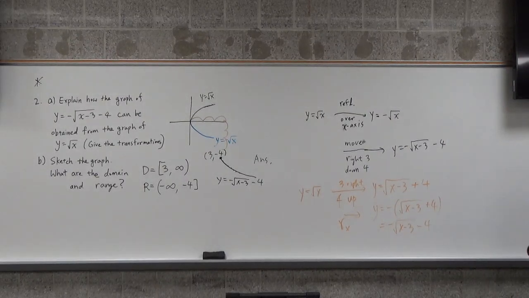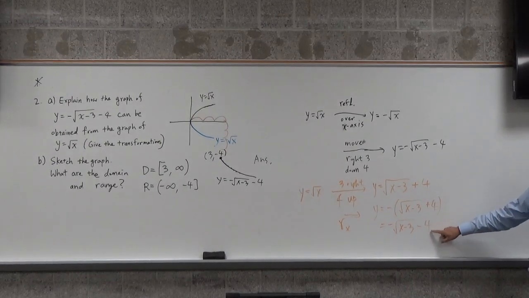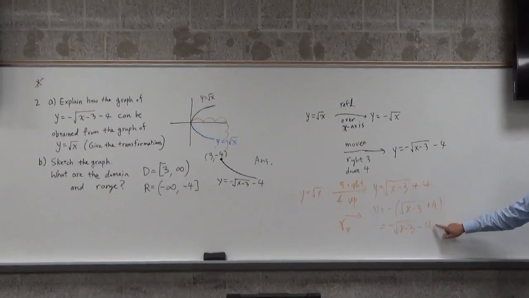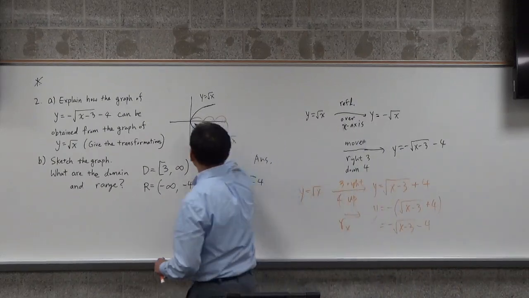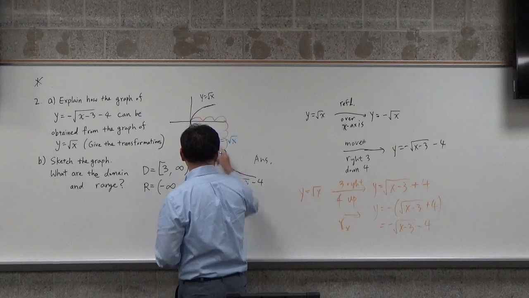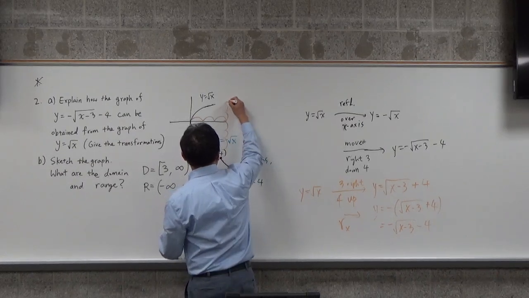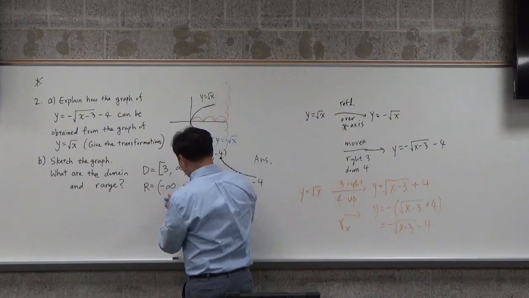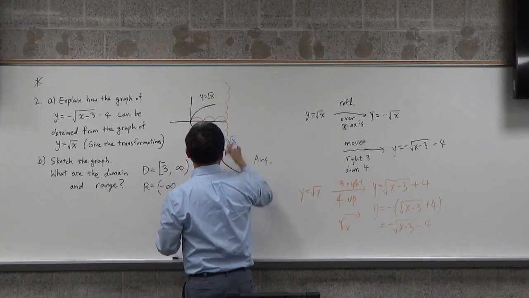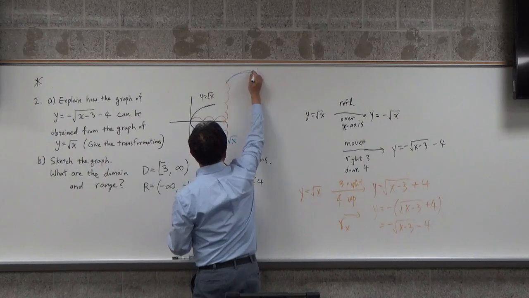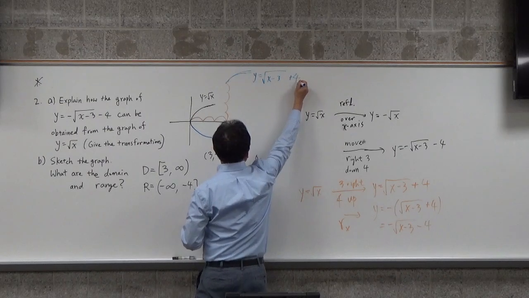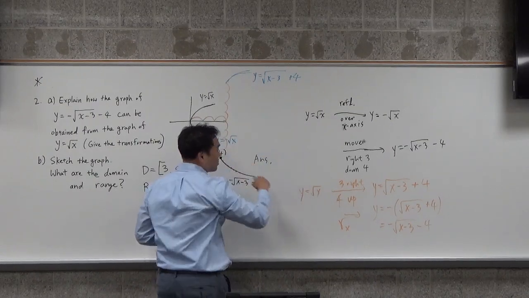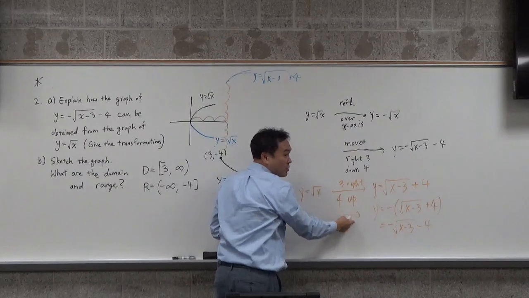Before I erase this solution, let me make one more comment. How would you draw if you follow the second one that was harder to think? It's saying that we should first move 3, but instead of going down, you go up. And that's where you draw this curve: y equals the square root of x minus 3 plus 4. Then the next thing we do is reflect over the x-axis.